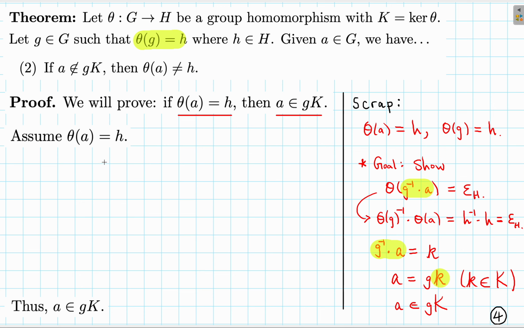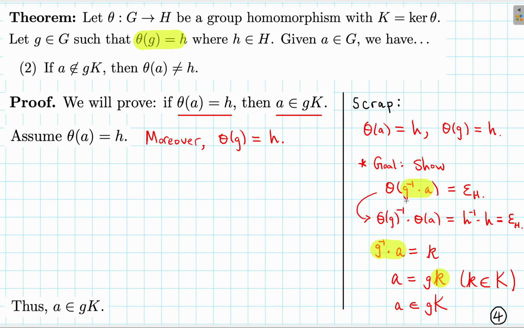Now let's turn our scrap work into a complete proof. We already have the hypothesis right here, and let's also acknowledge that, moreover, theta of g is equal to h.